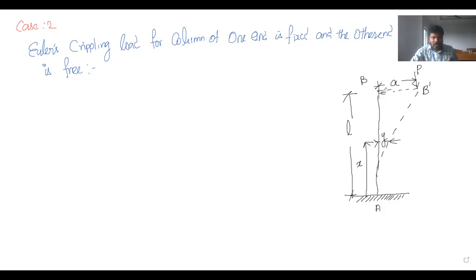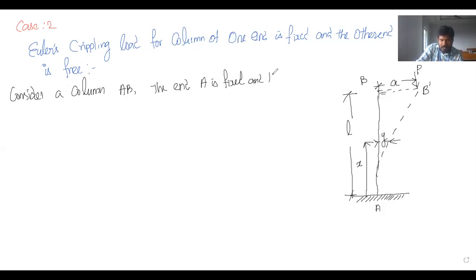Now let us move on to the solution part. The things whatever we have said, we are going to write in the written statement. So consider a column AB, the end A is fixed and the end B is free.